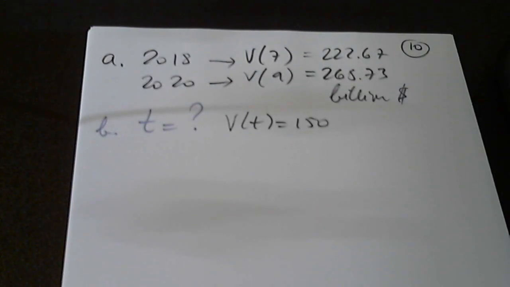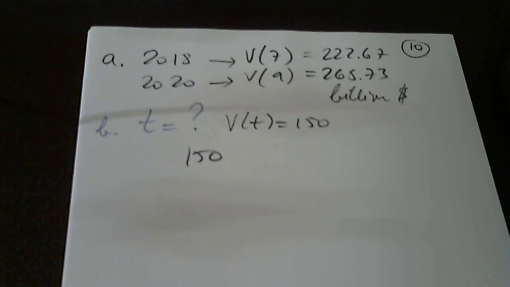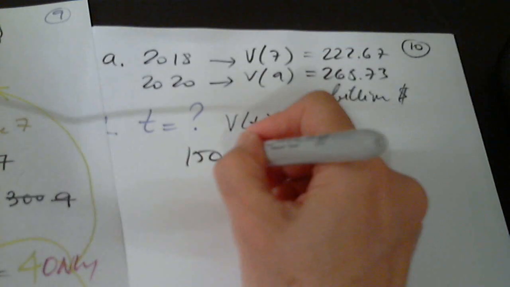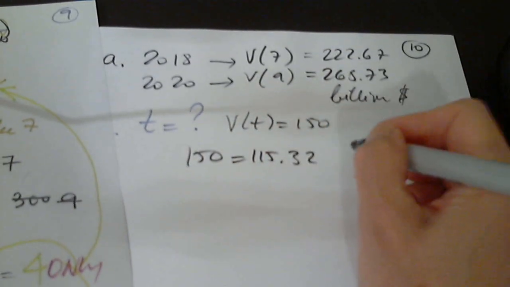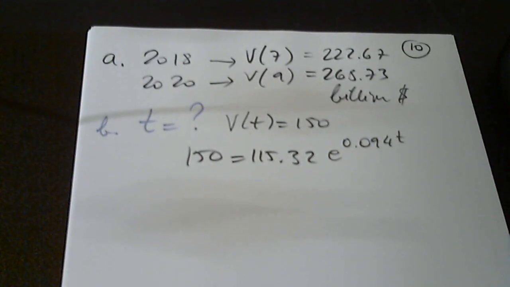Anyone, please? Do 150 billion equals 115.32 e to 0.094t. Excellent. Good. Perfect. What do I do now?